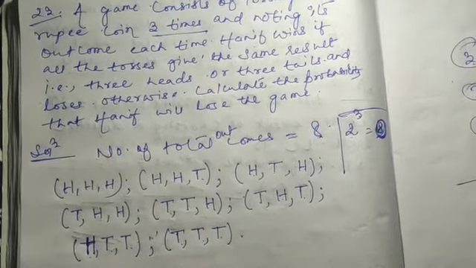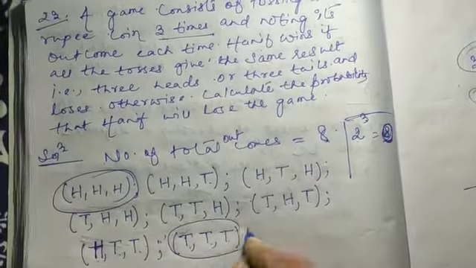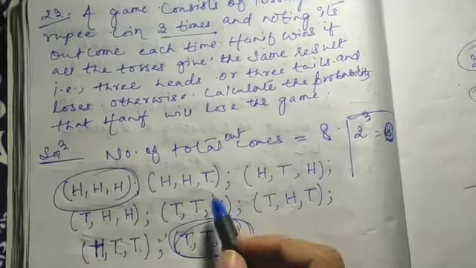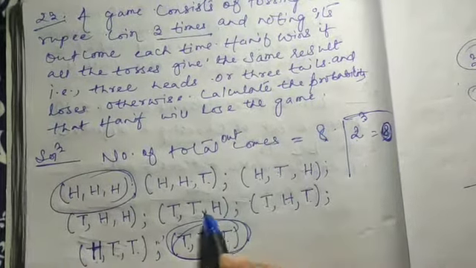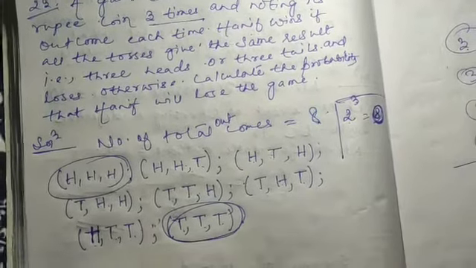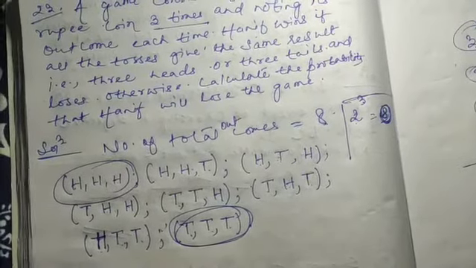Out of these outcomes, in this category and in this category only, Hanif is winning. So in which categories is he losing? In these 1, 2, 3, 4, 5, 6 categories he is losing. Right? So for the number of favorable outcomes, you can give a name to the event.